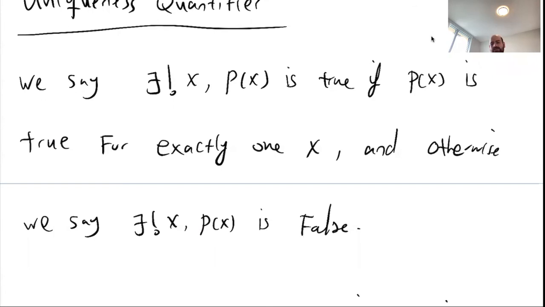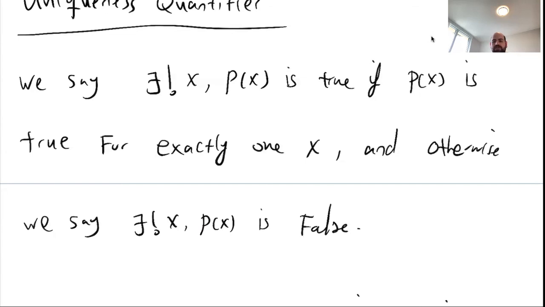And you can guess this from the name, right? It's called the uniqueness quantifier. So there should exist a unique x where p of x is true, so that we can say the statement is true. If there exists exactly one x such that p of x is true, we say this statement is true. Otherwise, we say it's false.